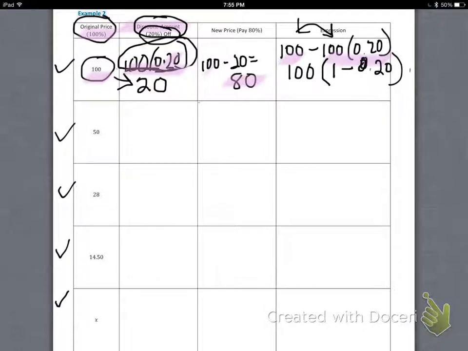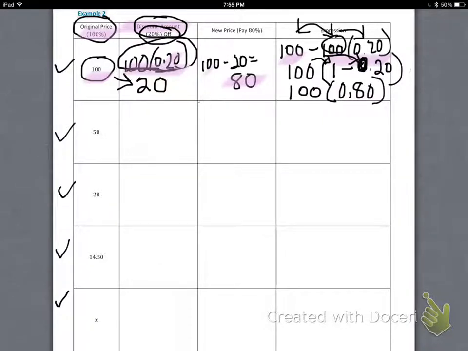So what we've done here is, if we distributed this out, we would have 100 and then 0.20. But this then simplifies down to this, 100 times 0.80, or 0.8.